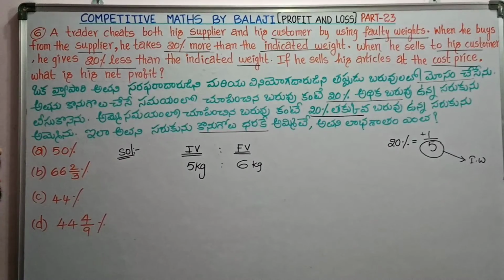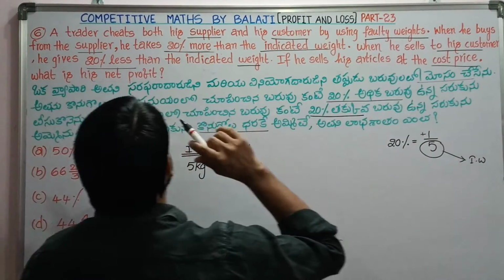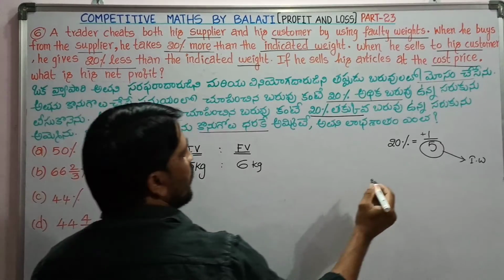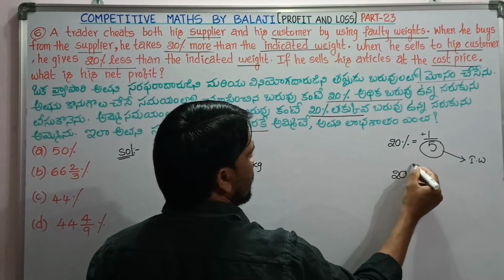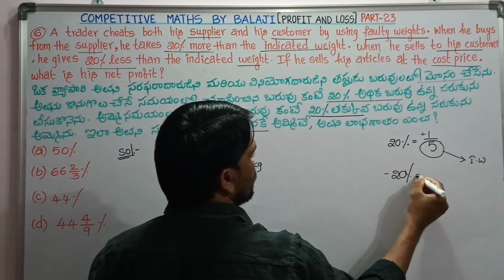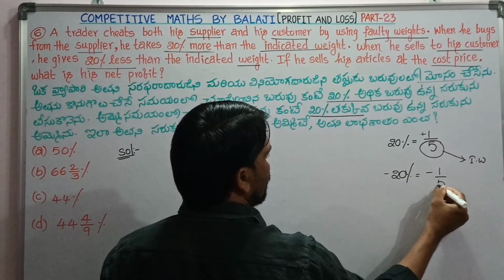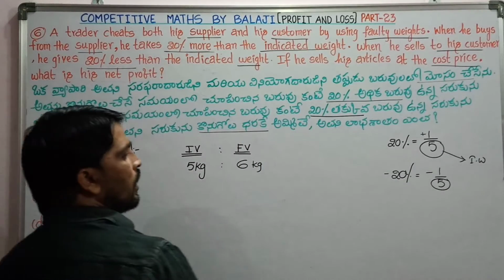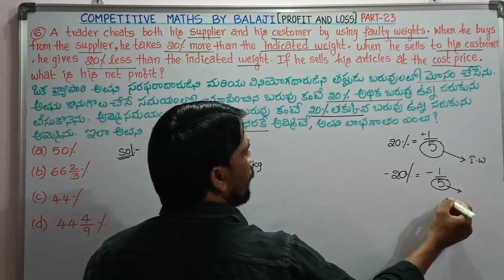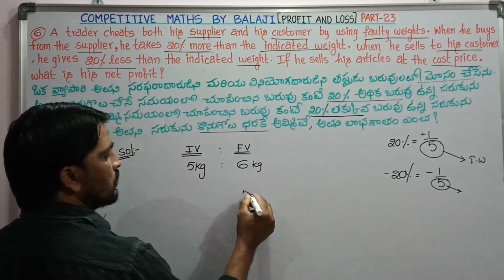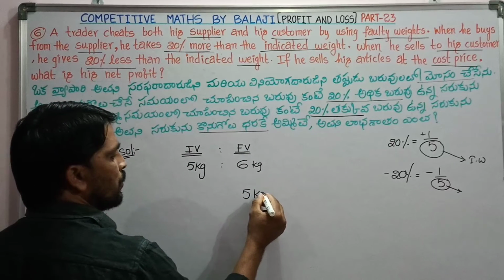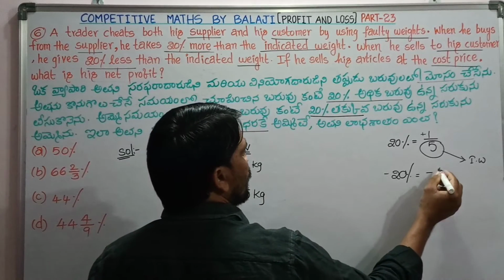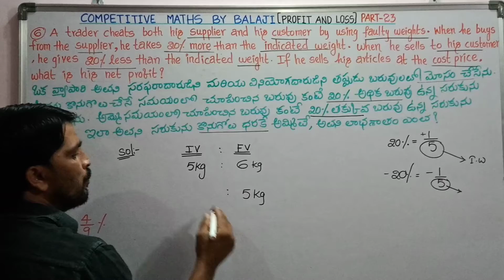And when he sells to his customer, he gives 20% less than the indicated weight. Here 20% less means it is negative, and the fraction value is 1/5. Actually, he has to give 5 kgs of weight, but instead he gives only 4 kgs.